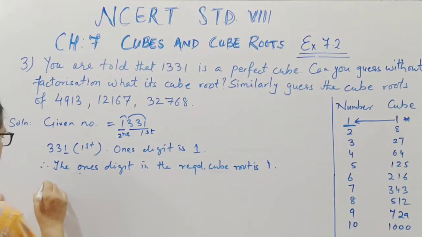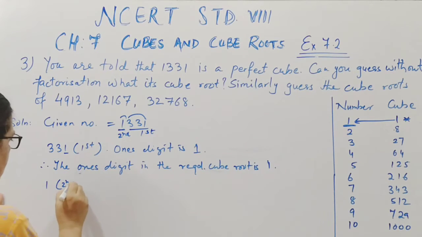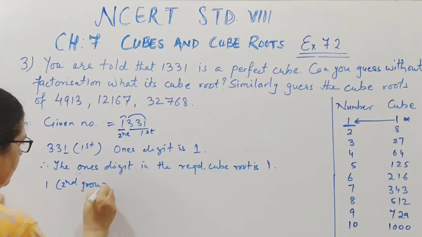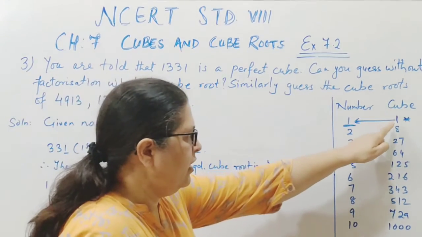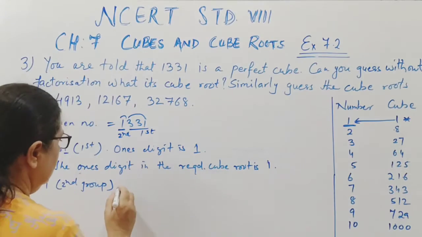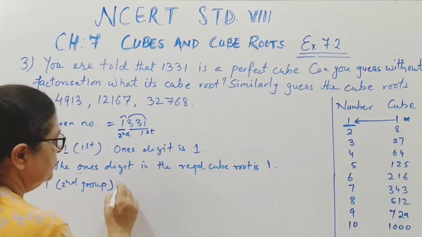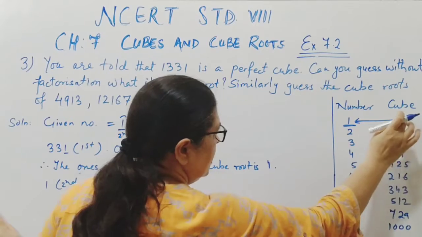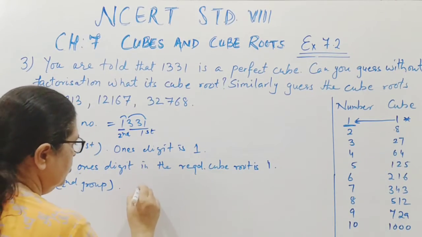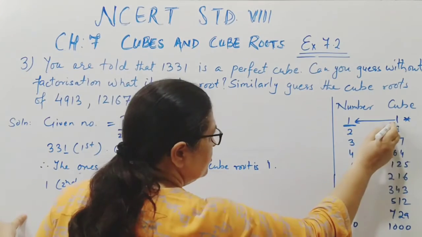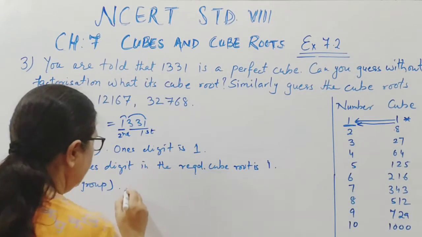Now we'll take second group, and we will check where it lies in the cubes. It is lying here only, means it is equal to 1 only. So the corresponding number is 1 only.